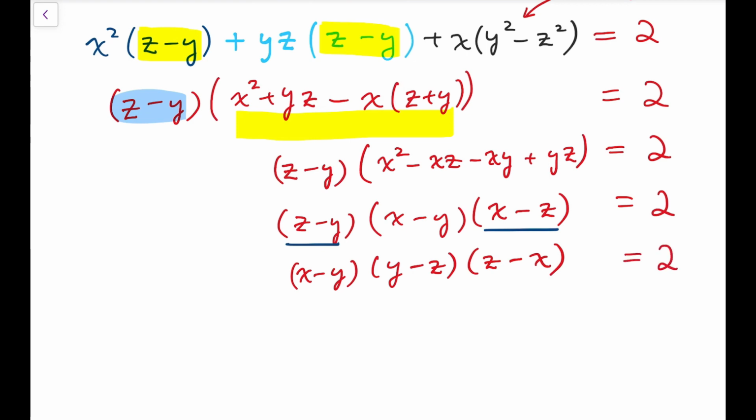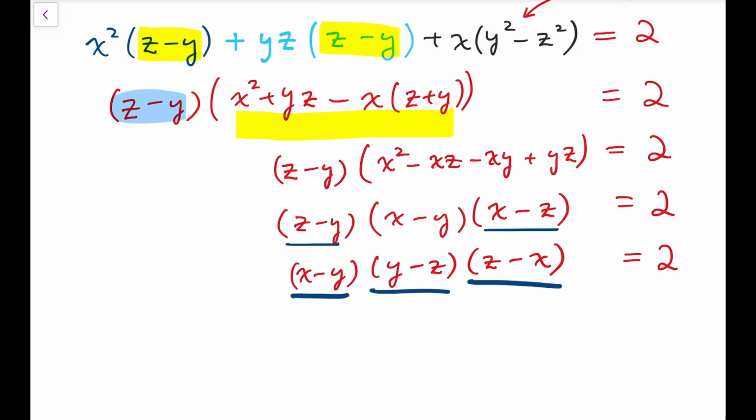And now I've managed to write the expression into 3 blocks that actually sum to 0: x minus y, y minus z, and z minus x.